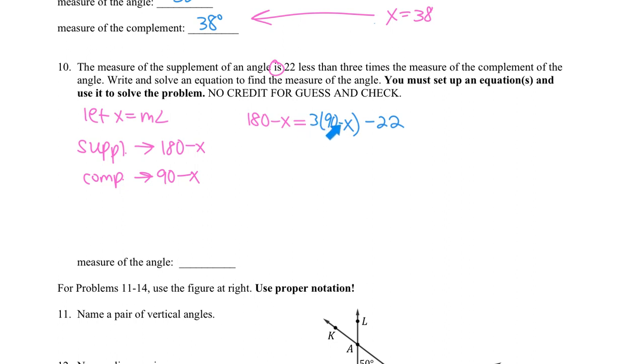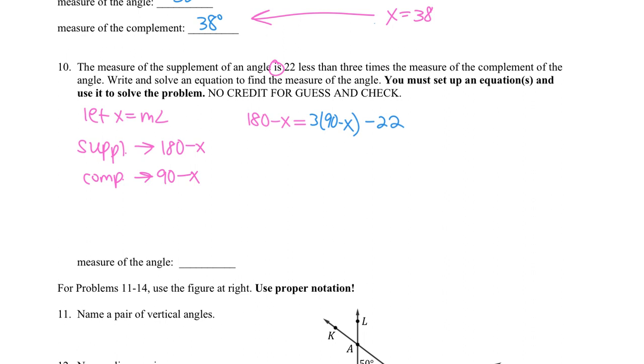So this is 3 times the complement of x, 22 less than that. That's the same as the supplement. So again, there's different ways that people set this up. I think they would do this plus x equals 180, which works too. But the way I set it up is literally what it says. So I'm going with that.